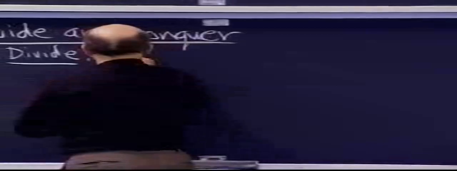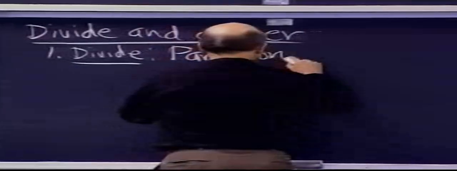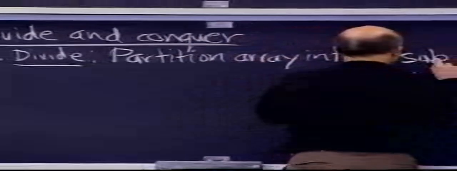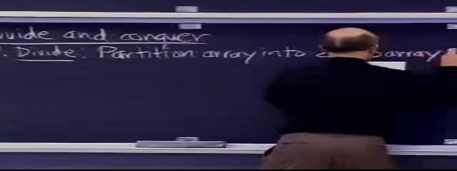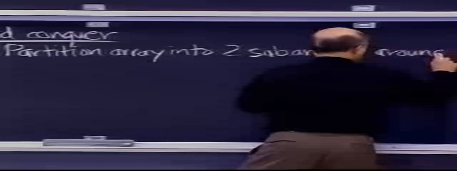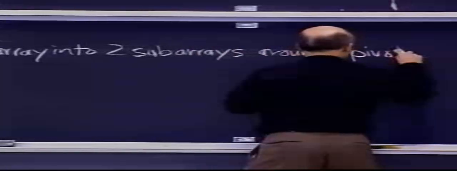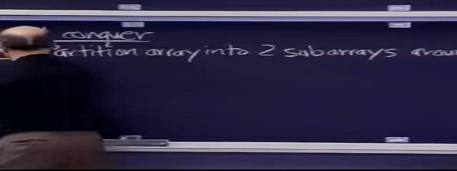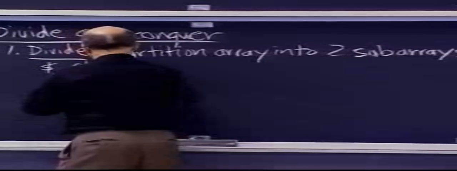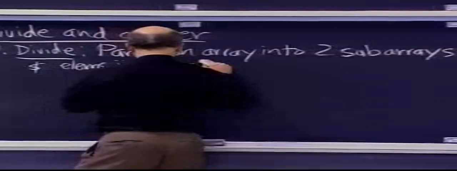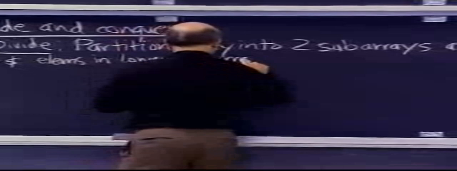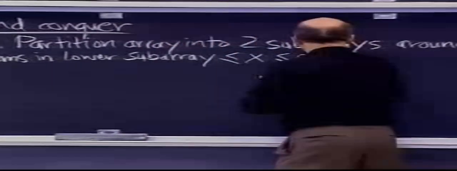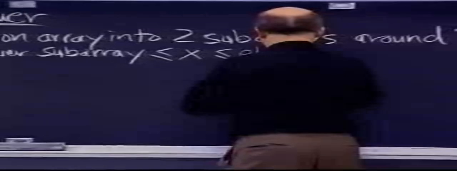So we partition the array into two subarrays around a pivot x, such that the elements in the lower part of the subarray are less than or equal to x, and those in the upper part of the subarray are greater than or equal to x.